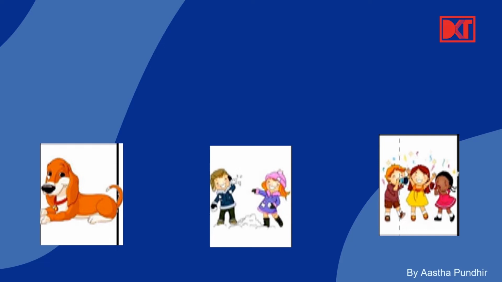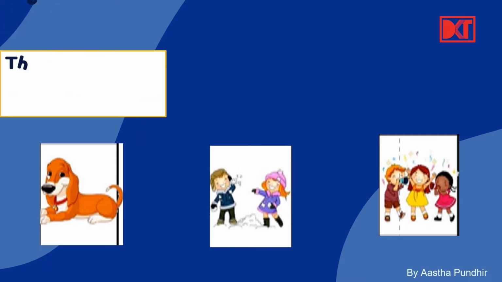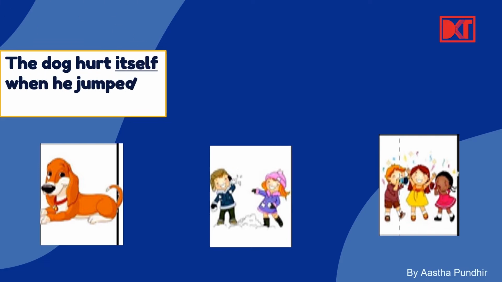Now the next category of examples. The dog hurt itself when he jumped over the fence. Now the dog. What is the subject here? Dog. अब यहाँ पे you have to remember dog जो है वो noun है, वो pronoun नहीं है. Dog is a noun.